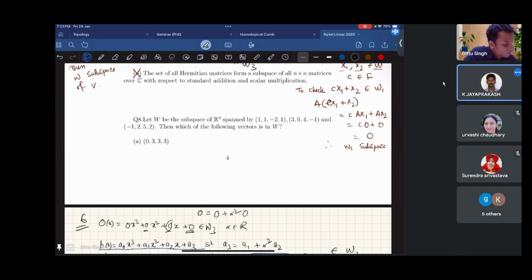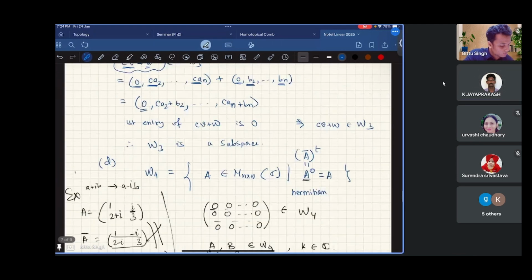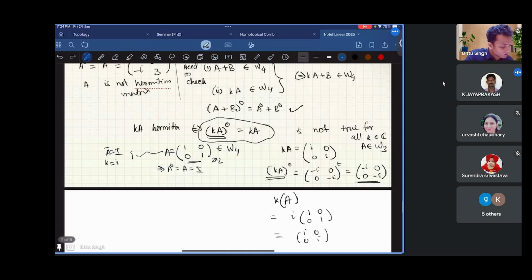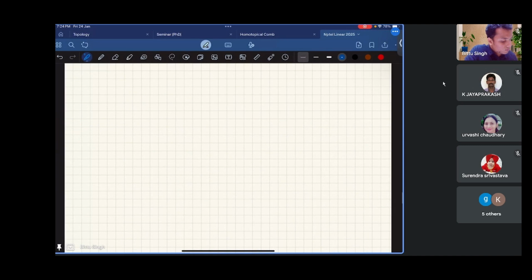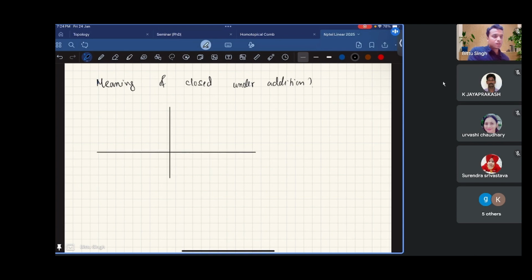Okay. So let me draw a picture, then maybe it will be easier to understand. What is the geometrical meaning of closed under addition? Suppose this is R2.